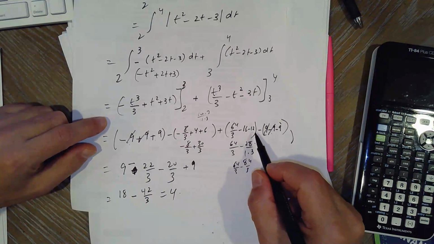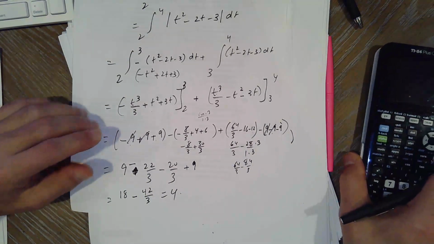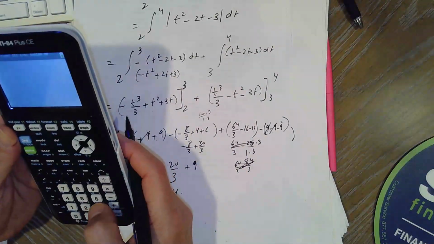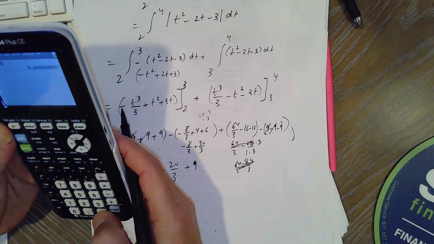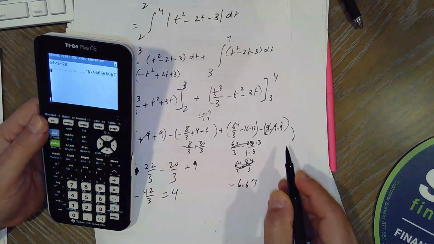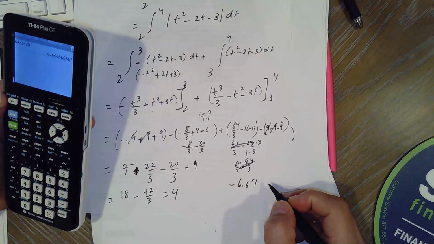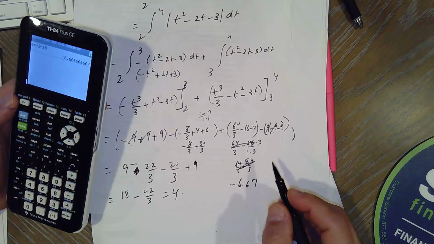So, yeah, 64 over 3 minus 28. Okay, let's do that. What's 64 over 3 minus 28? It's negative 6.67. And we have minus negative 9, so it's 9.